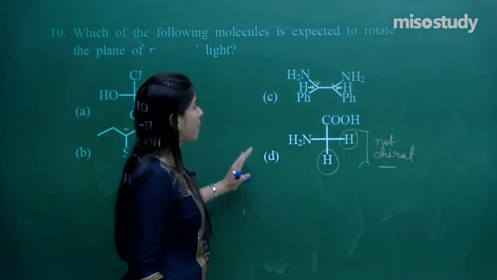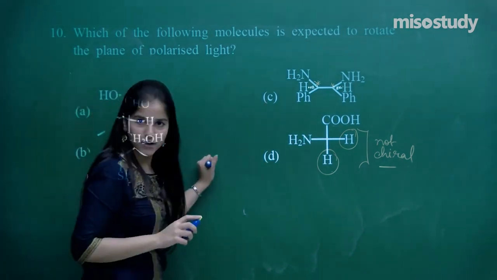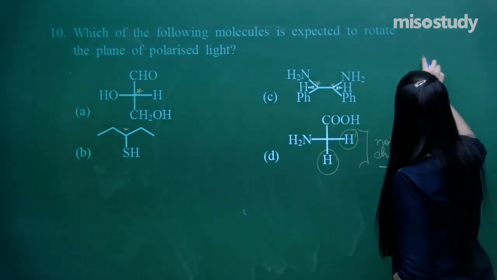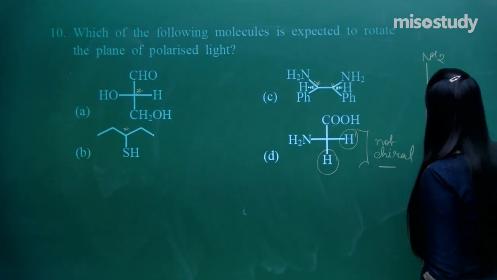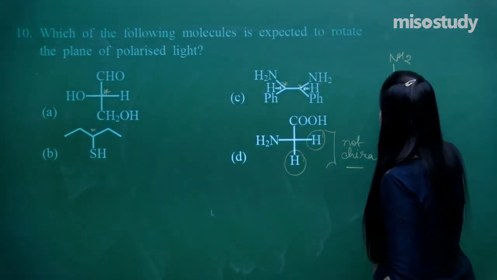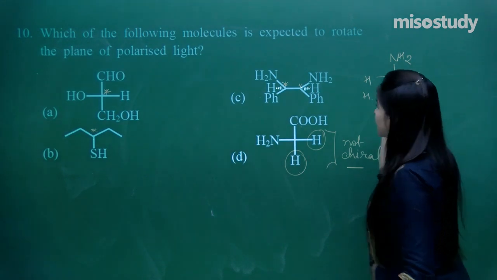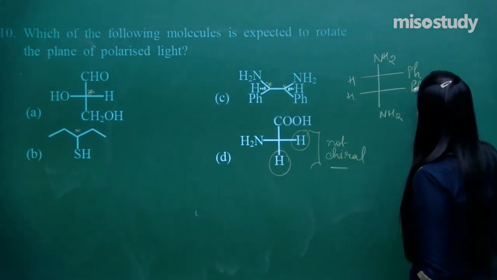That means let's look upon to all the remaining options. So if I go for the option number C, so let us just represent the option number C first, NH2, and at the end I am also writing NH2. Hydrogens to the left because they are having wedges, and phenyls to the right.